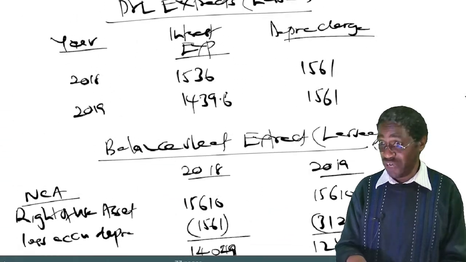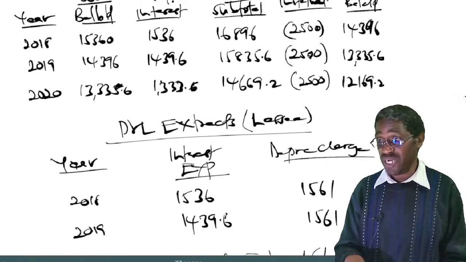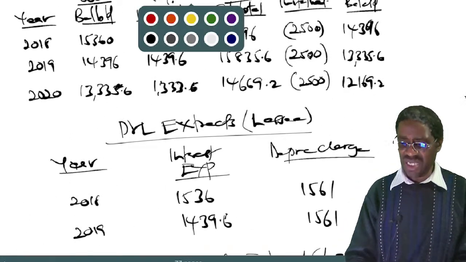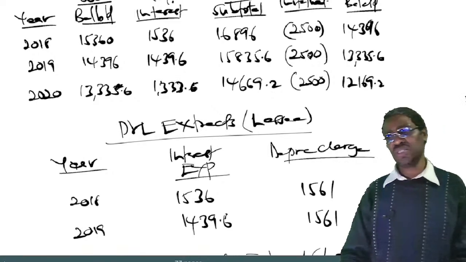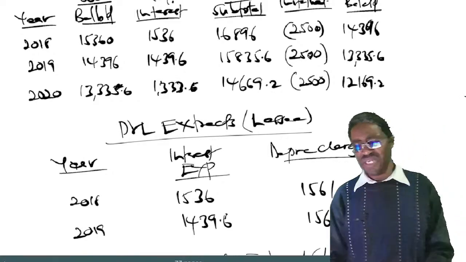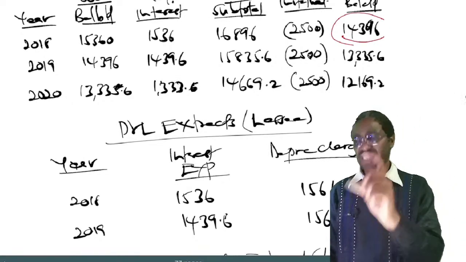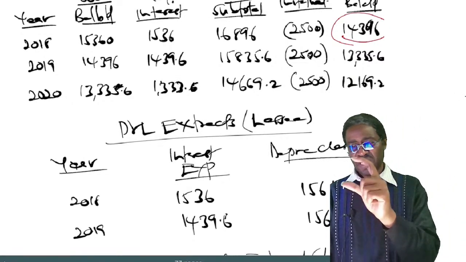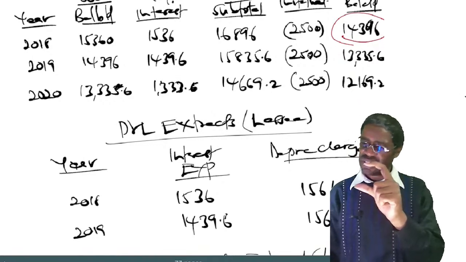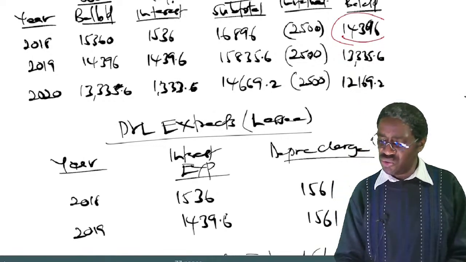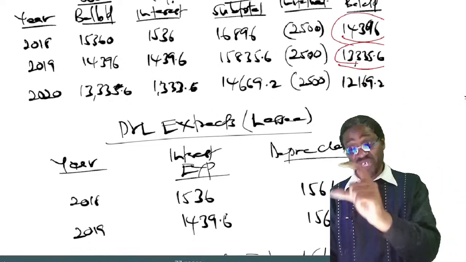So let me take you to the table. And you follow carefully now. I can see by end of year 1, we are carrying down a liability of 14,396. That 14,396 will reduce to 13,335 by end of year 2.